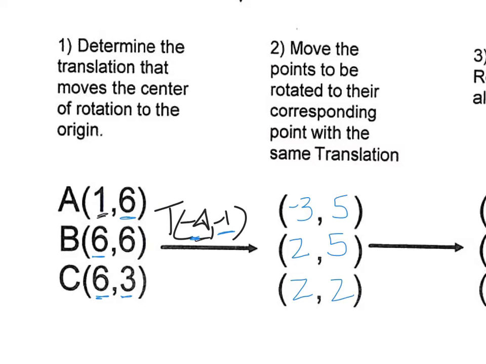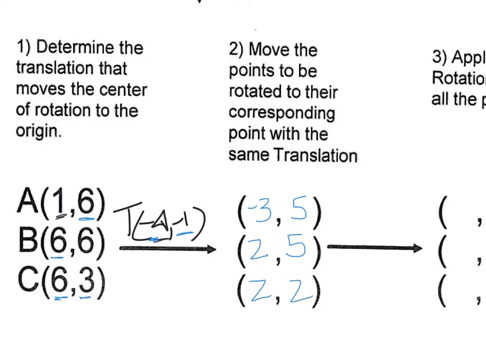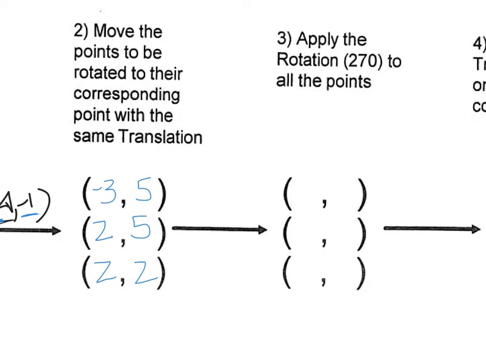Now, I've potentially moved the triangle so that it is in line to be rotated around the origin. So the next step of that is to apply the rotation, in this case of 270 degrees. So you're going to write rotation through the origin of 270 degrees.